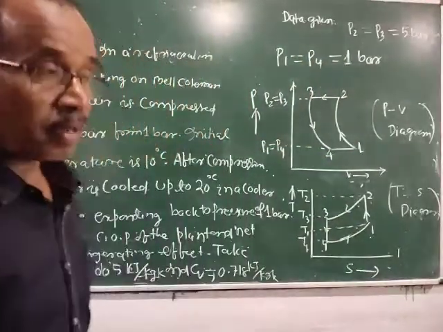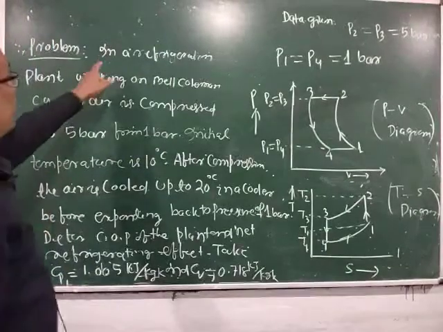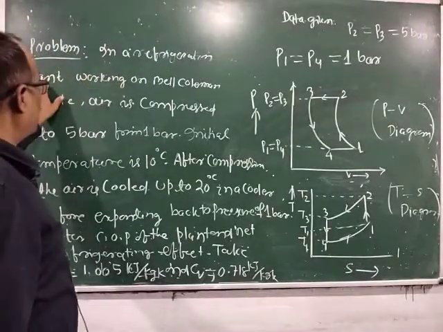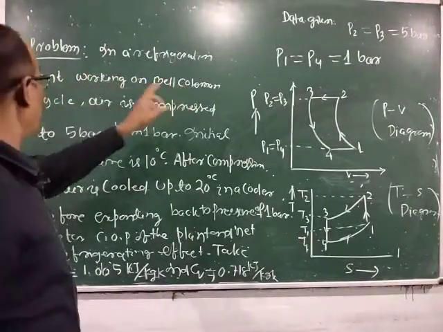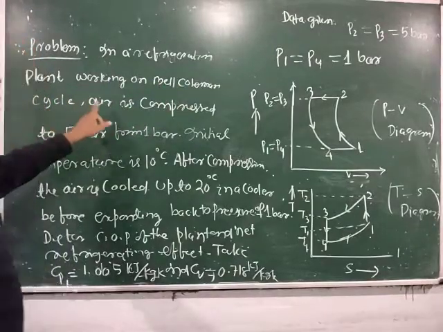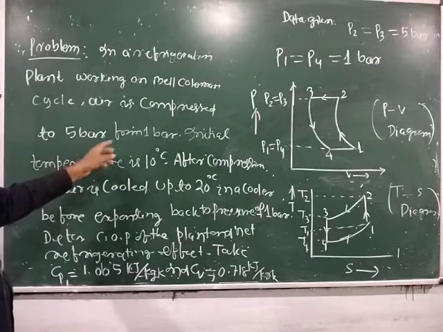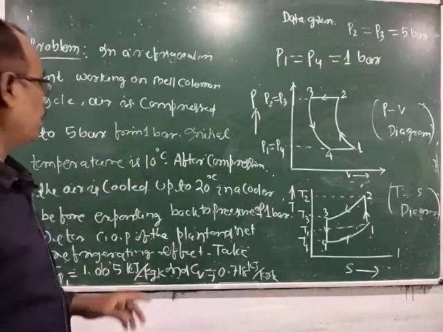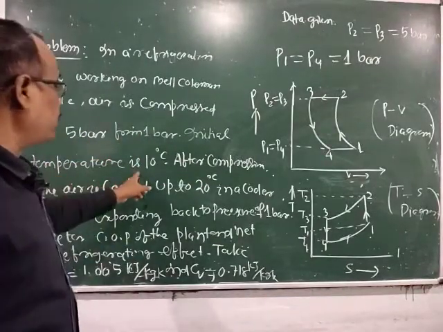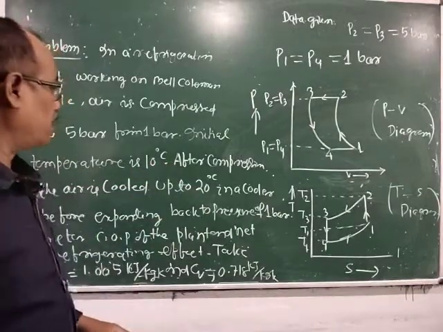In problem number 1, in a refrigeration plant working on the Bell-Coleman cycle, air is compressed to 5 bar from 1 bar. Initial temperature is 10 degree centigrade.